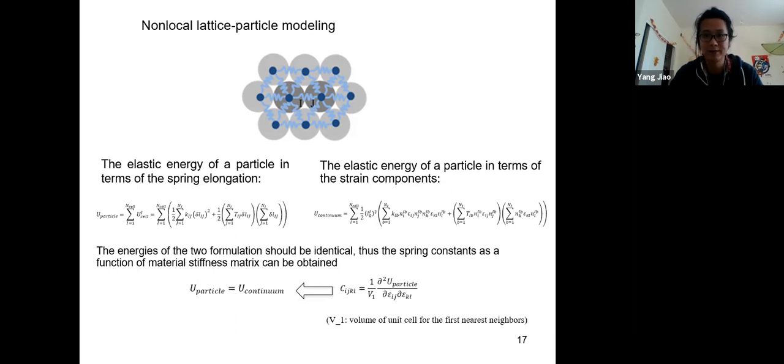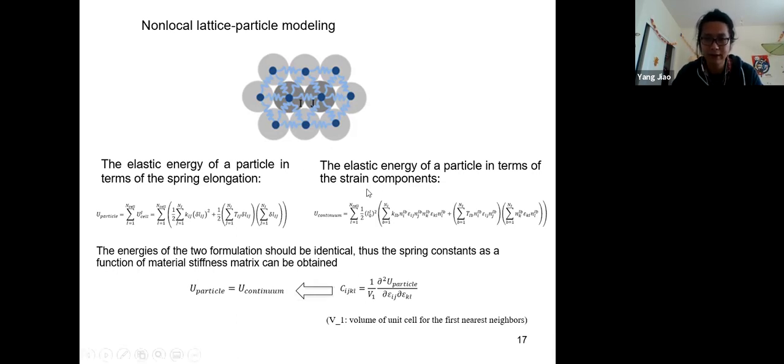In this case, the material is defined by points, which represent the center of each voxel, and they are connected by springs of different spring constants. The key is that, in order to use the spring model to mimic the continuum mechanics, we need to find the correct spring constants to use. This will be done using the equivalence of the elastic energy formulation.